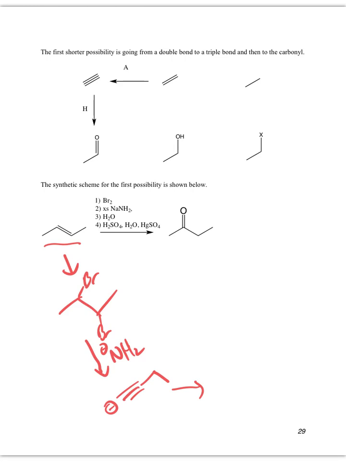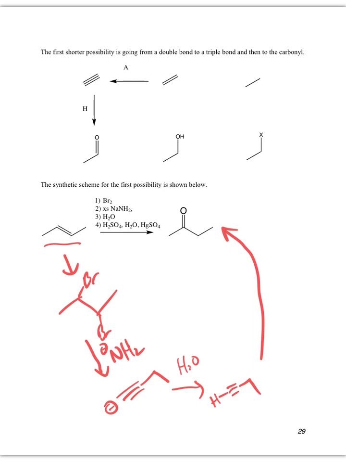We add water to that, and we get the terminal acetylene. And then that, since we want to go from the terminal acetylene to the ketone, we would add the mercury sulfate, sulfuric acid, and water, and we'd form the ketone.